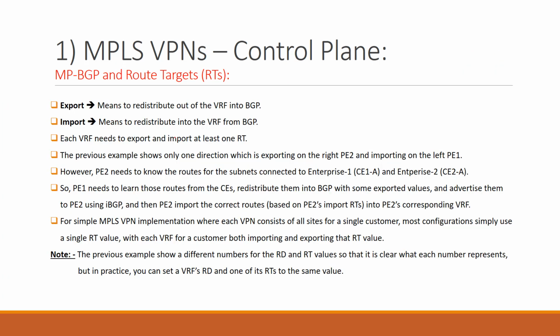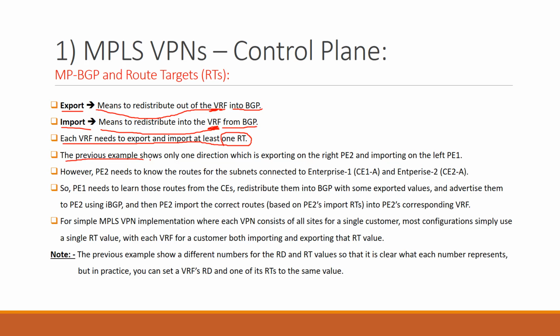So as a summary, export means to redistribute out of the VRF into BGP, and import means to redistribute into the VRF from BGP. And each VRF needs to export and import at least one route target.